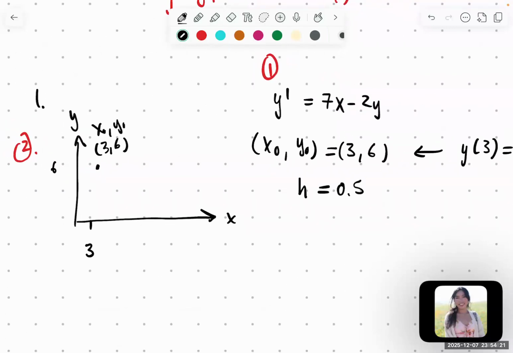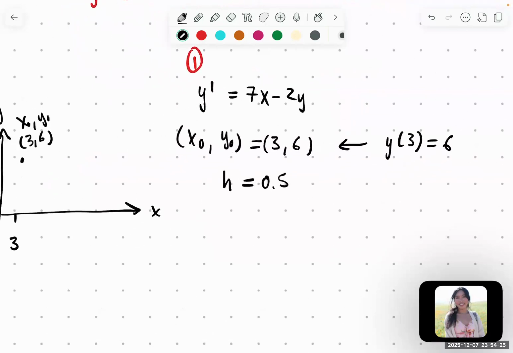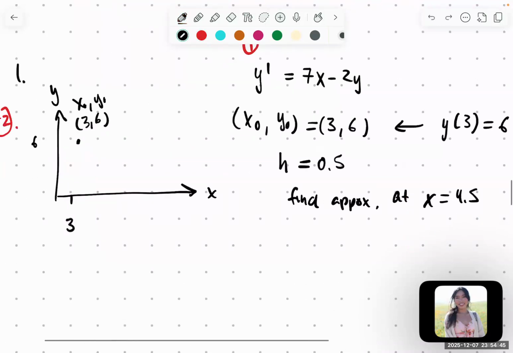Oh, and I forgot to write down one other thing. It wants us to find the approximate value at x equals 4.5. This is crucial because this is essentially our endpoint of x. We want to get to 4.5 and we are at 3.